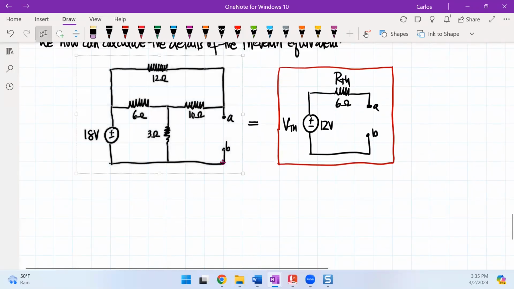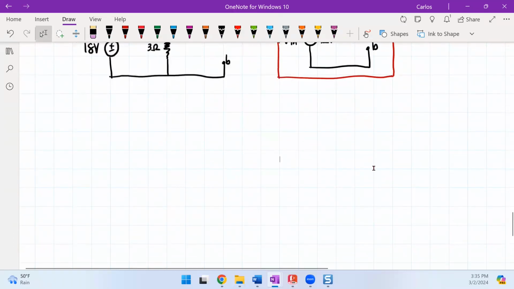So now let's make a couple of remarks and then move on to method 2. Remarks.